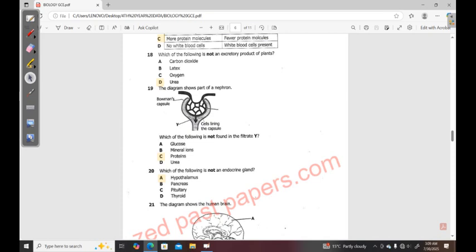So oxygen is also an excretory product. All right, so urea is going to be our best answer because it's not a direct excretory product, but in some ways you may actually find urea being excreted, but in this case we have to go for our best answer. Because when you look at urea, it will be found in one of the nitrogenous wastes of plants.